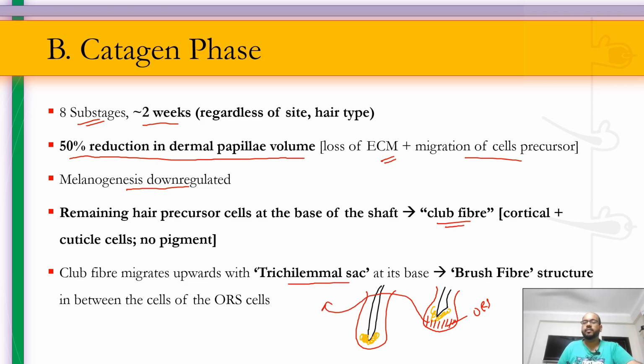Clear? Now, in tricholemmal sac, in the individual cells of outer root sheath, you will just see fibrous tissue in between the cells. So you have cells, and then you will have fibrous tissue in between the cells, and this gives an appearance of brush fiber structure at the level of club fiber in catagen phase. Clear? Let's move forward.